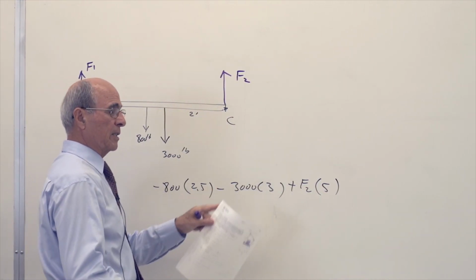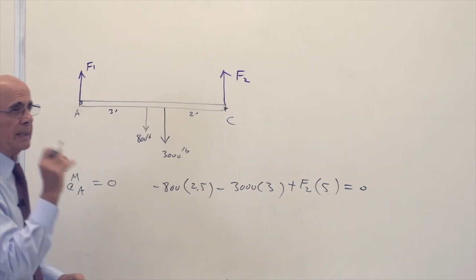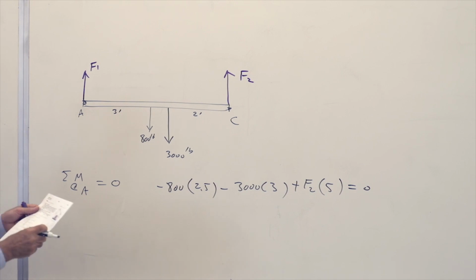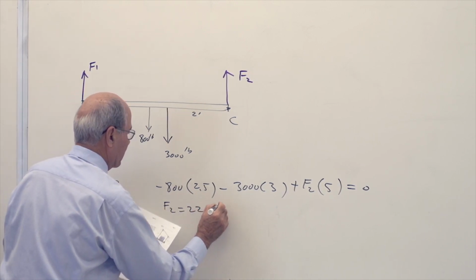We don't have to convert that to inches at this one, because they are all feet, so they cancel each other. So you solve that problem. F2 ends up to be 2,200 pounds.